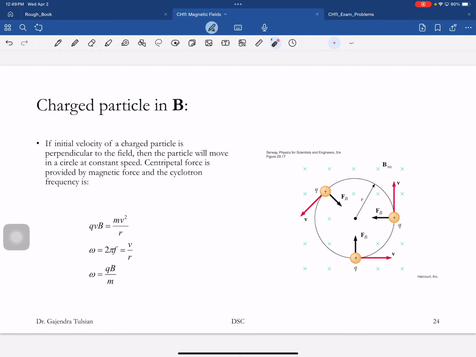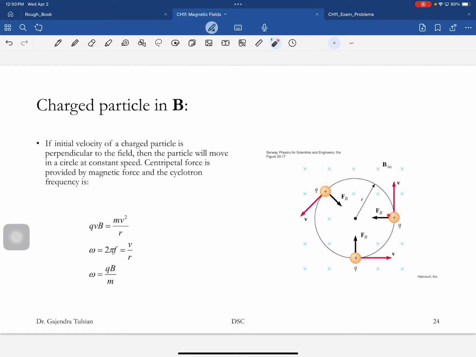All right, now let's make sure we understand this. Okay, what is this diagram showing you? It's showing you a magnetic field going into the sheet. Now, if you throw a proton in this direction, V cross B, so if you turn the screw in this direction, V cross B is in this direction.